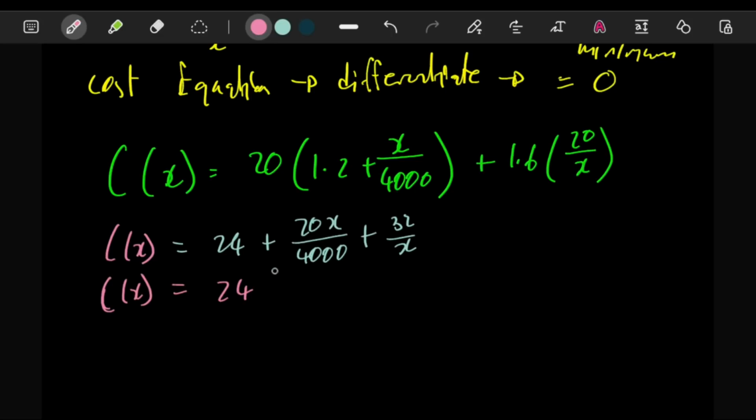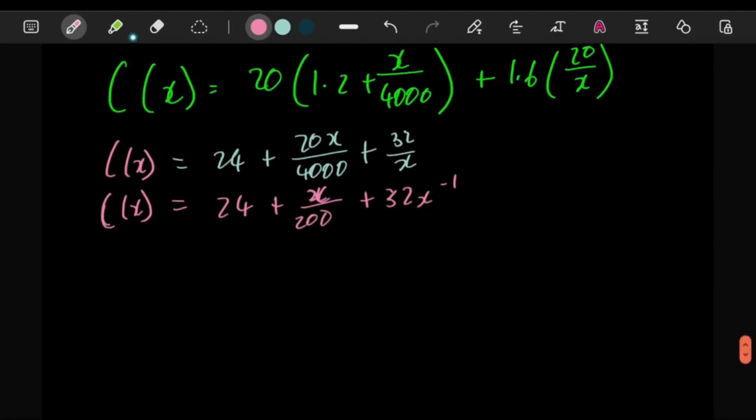So it's x over 200 actually. And then the 32 over x goes over here, so it's 32 with x to the power of -1. I can actually write this as 1 over 200 with x next to it.